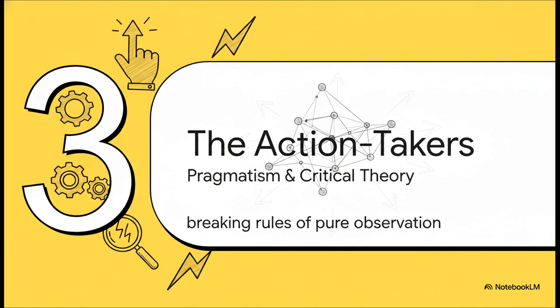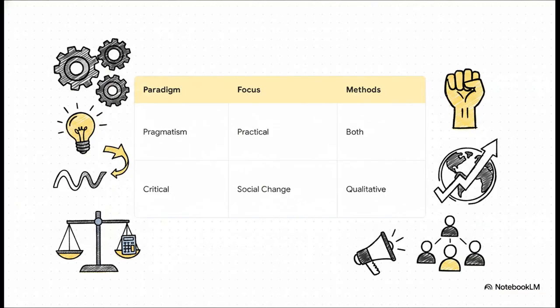Let's move on and see how this builds into Section 3, Pragmatism and Critical Theory, the action takers. Now, pragmatists, they don't care at all about theoretical purity. Their focus is entirely on practical solutions. They're totally flexible, happily mixing both qualitative and quantitative methods depending on whatever the specific research problem demands. For them, usefulness is the ultimate measure of truth.